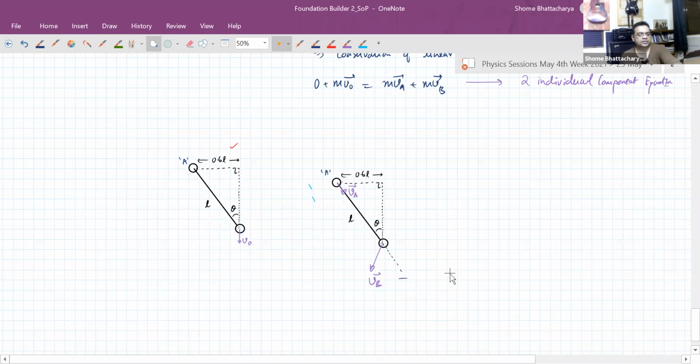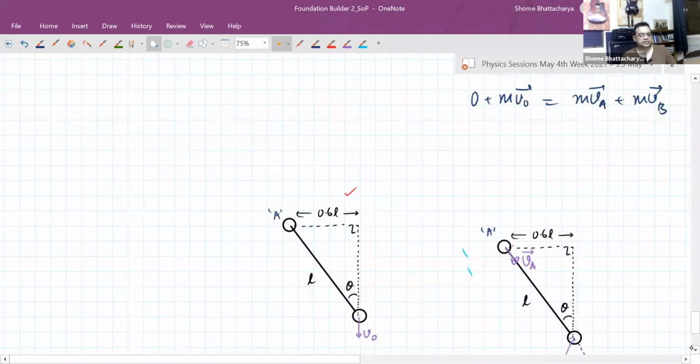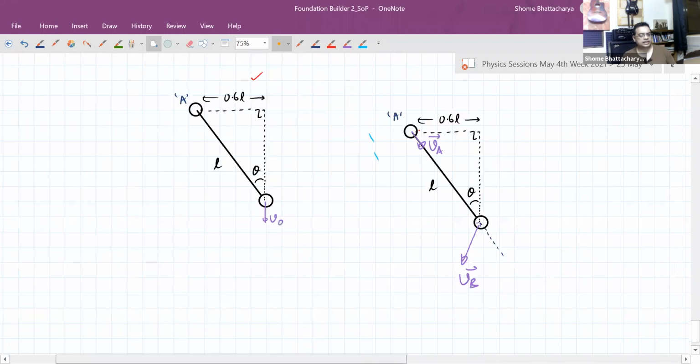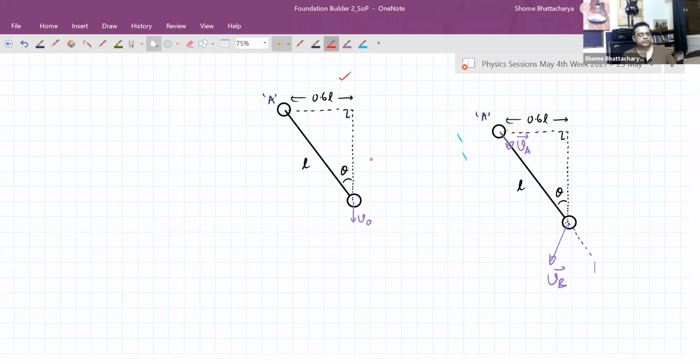Okay, so for momentum conservation, the first option that we have is that we can just take the direction of V0 as our y-axis, and the perpendicular direction to that as our x-axis. So we can do like this. We can take this as our y-axis and this as our x-axis. So in this diagram, we can see that this angle is theta.